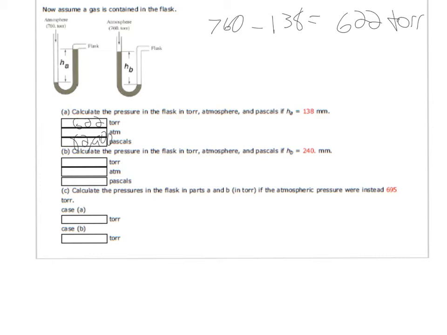So to calculate the pressure of the gas in the sample, we need to know the height difference from one side of the mercury to the other, and they give that to us. The height of the mercury in situation B is 240 millimeters. So to calculate the pressure in torr, we simply take atmospheric pressure plus 240 and arrive at 1,000.